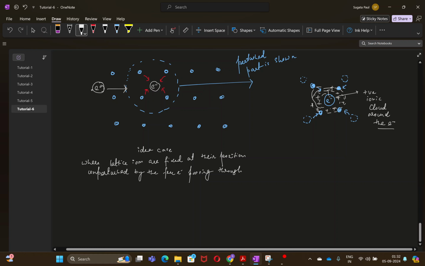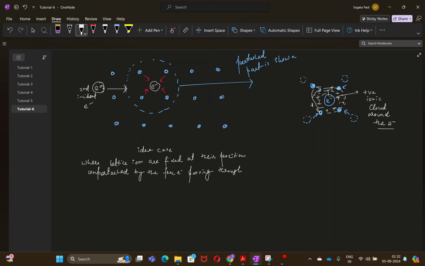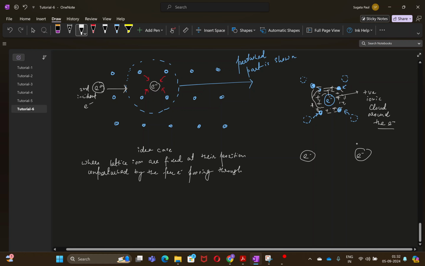So this second incident electron will see a positive ion cloud in front of it, and as a basic nature, the electron's negative charge will be weakly attracted towards a positive ionic cloud at a distance. So it is like two electrons. This first electron is surrounded by the positive ionic cloud caused by its attraction of the surrounding lattice atoms and perturbing them from the equilibrium position. So this is electron number 1 and this is electron number 2.